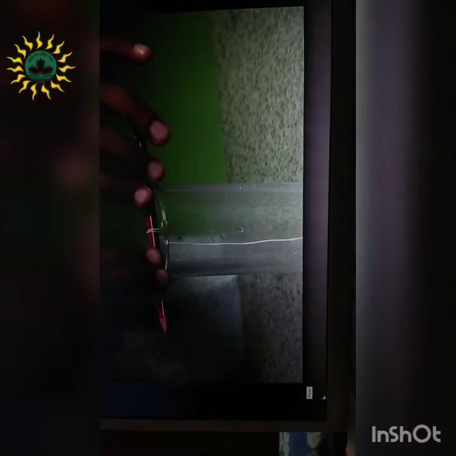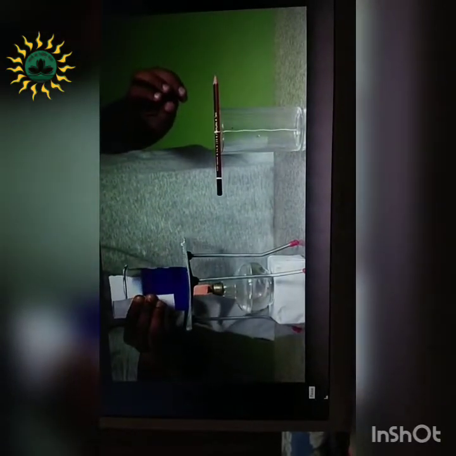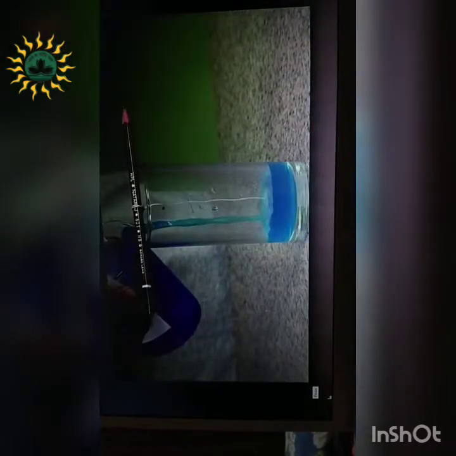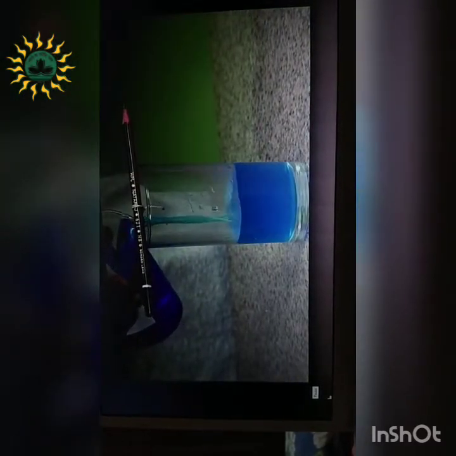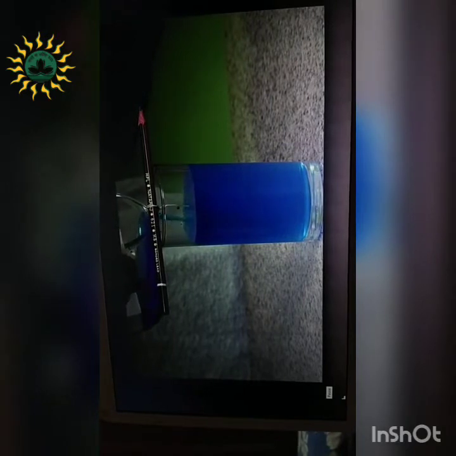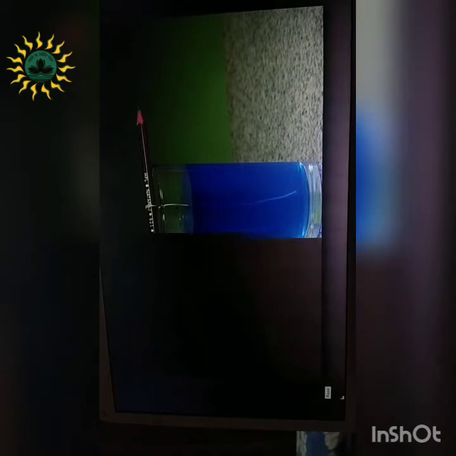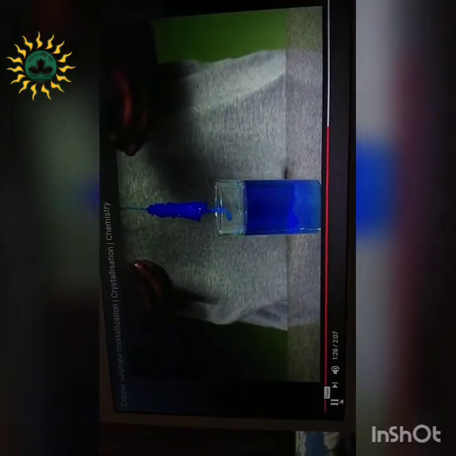Then in a different beaker, one thread is tied and set aside, and the solution which has been boiled is poured into that beaker. Then this solution is set aside for some time. After some time, what we can see is that the crystals of copper sulfate are being formed.